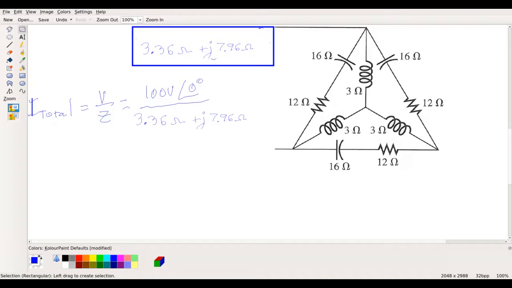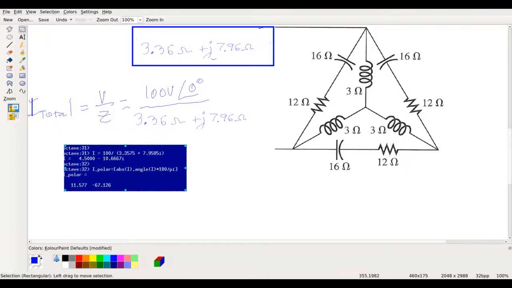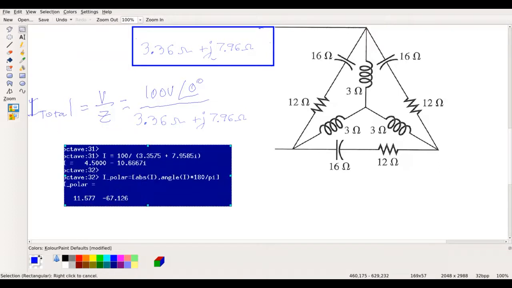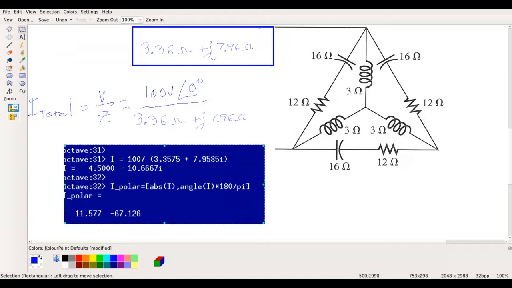When Octave calculates the angle, it puts the angle in radians, so I have to do 180 divided by pi to convert it to degrees.